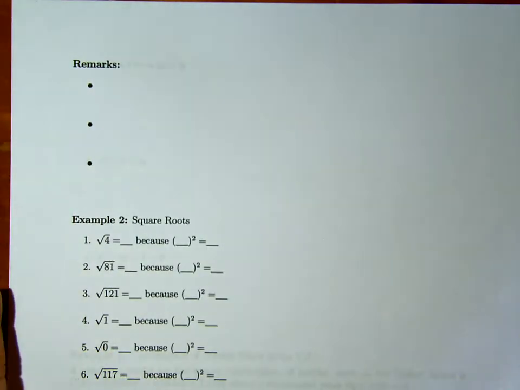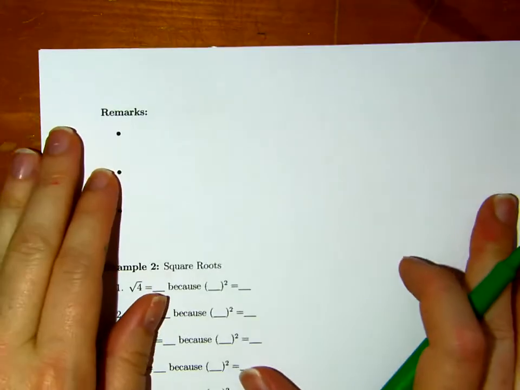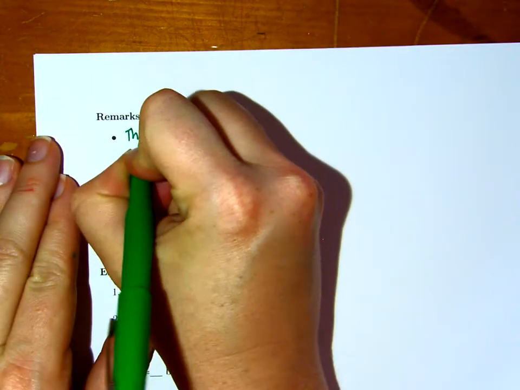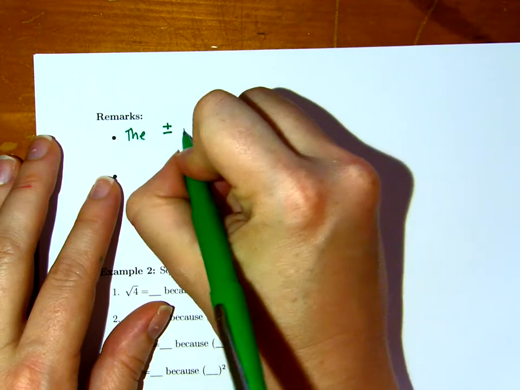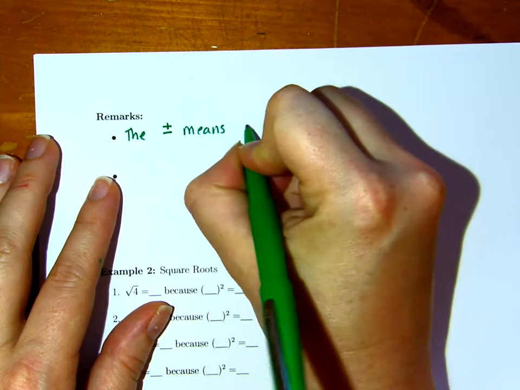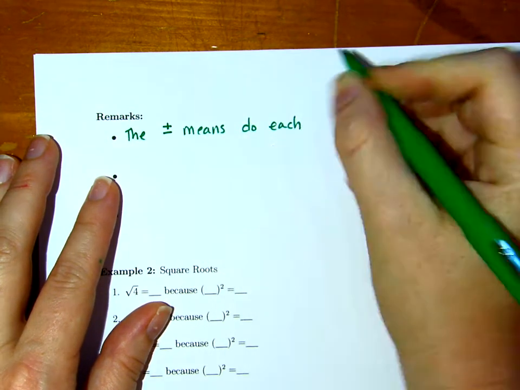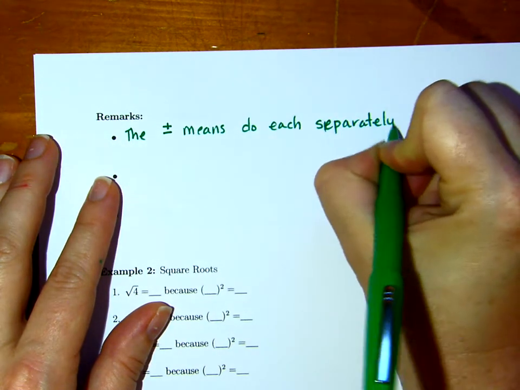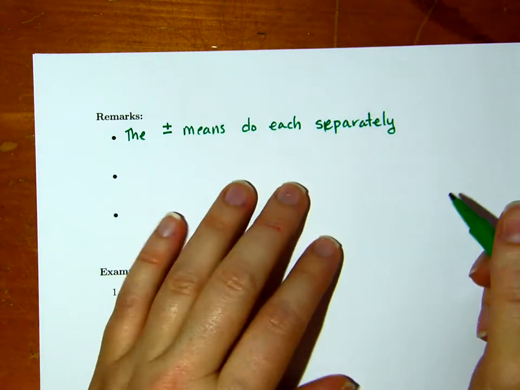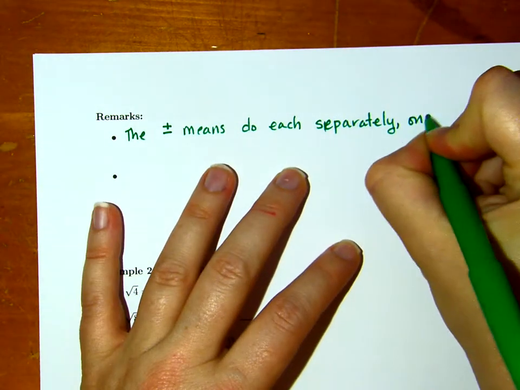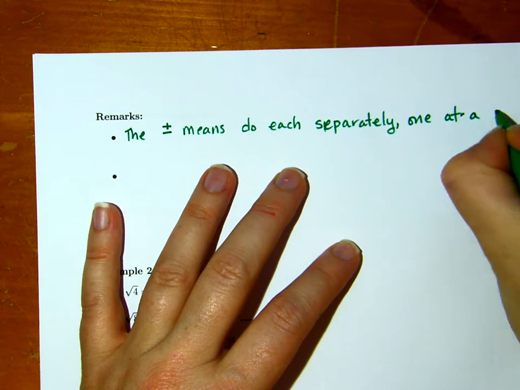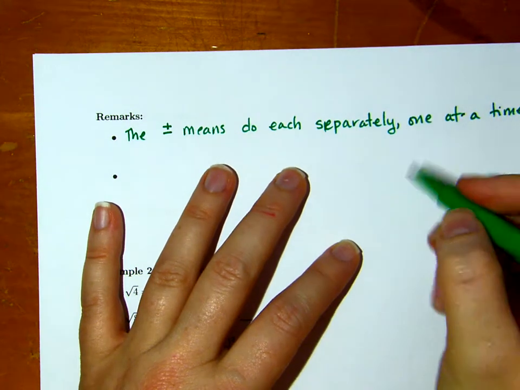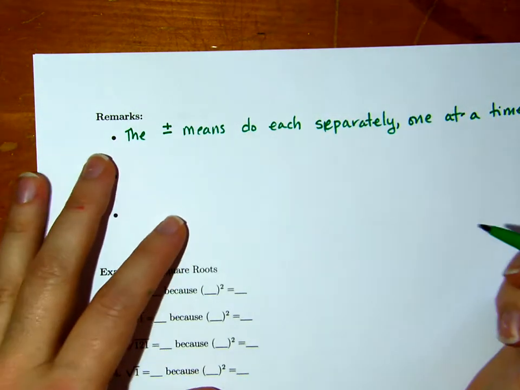Couple of remarks. First, the plus or minus means do each separately, one at a time, to get up to 2 solutions.